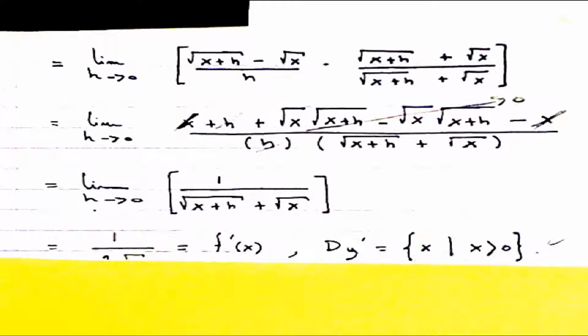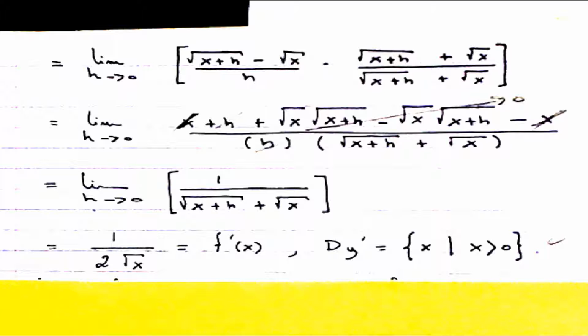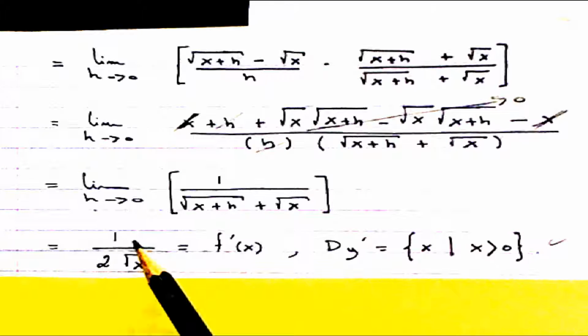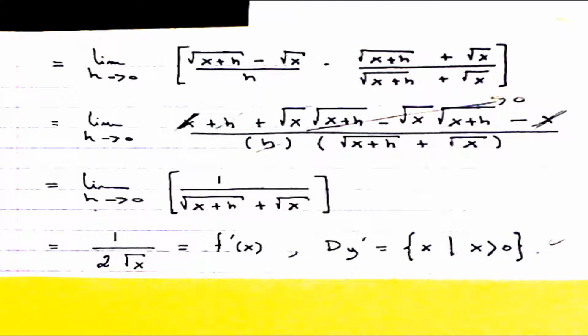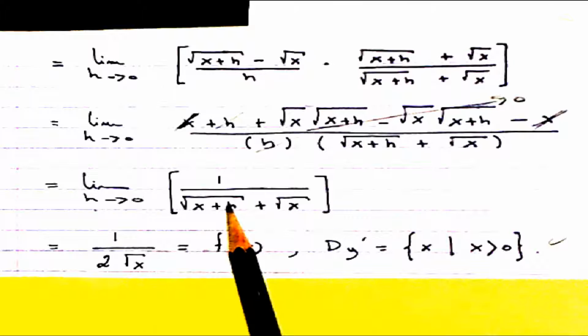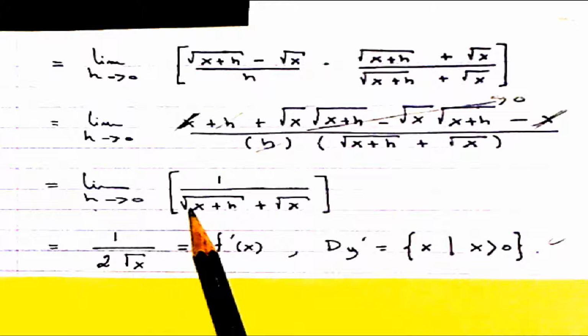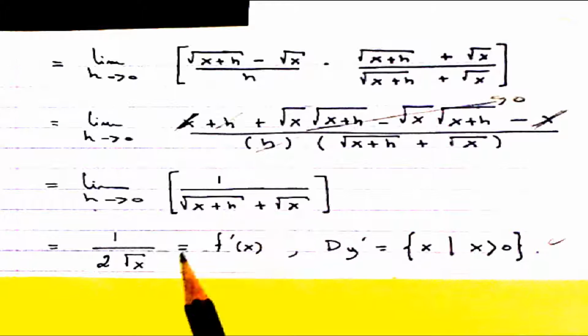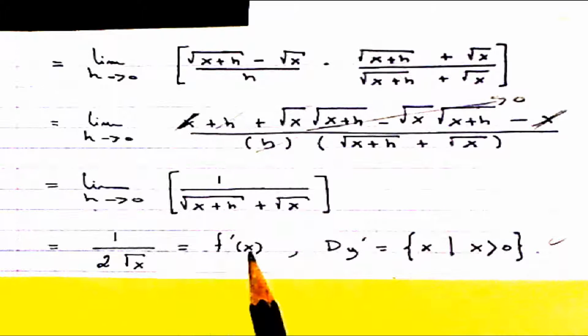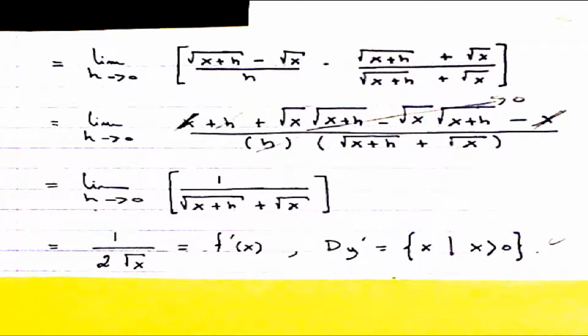It becomes as the following, which is 1 over 2 square root of x. Because remember, if 0 goes into h, you get square root of x plus square root of x, which becomes 2 square root of x. And that's your derivative.